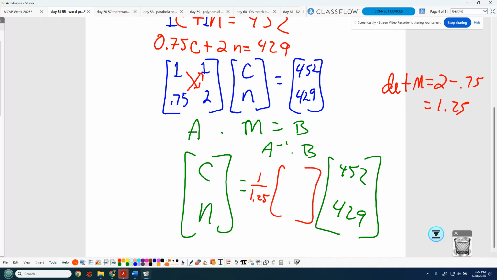There's some funny business to make the inverse. What do I need to do with the numbers in the box? Switch the 2 and 1 and switch the sign. The others stay where they are, but you flip the signs. And then you do your matrix multiplies.